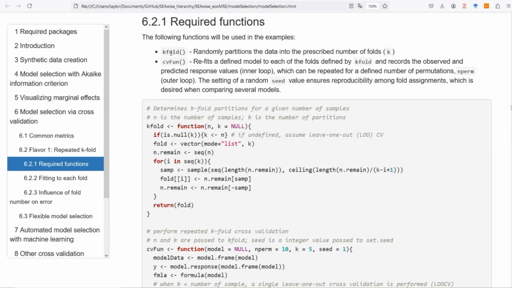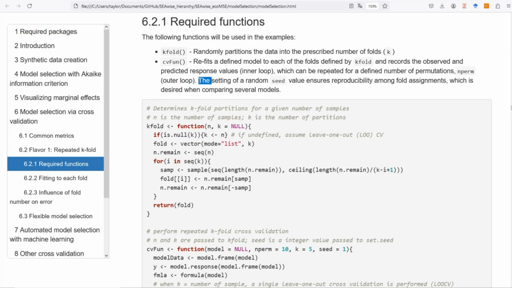So the k-fold function is just going to randomly split our data into the number of folds that we want. And the cross-validation function is going to refit a model to each of the folds that are spit out from this function and observe the predicted response values. So there's an inner loop that's doing that, and there's an outer loop that's just doing it a repeated number of times.